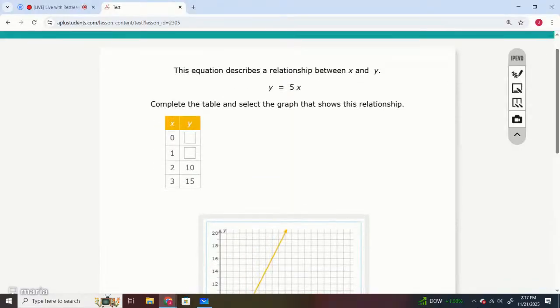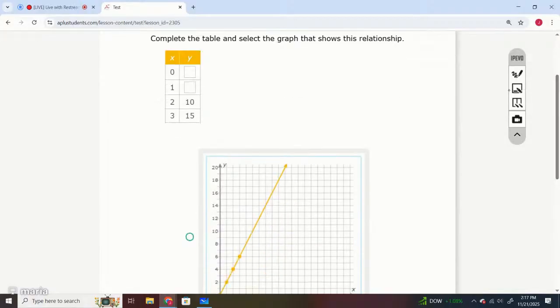Okay, this equation describes a relationship between x and y. y equals 5x.